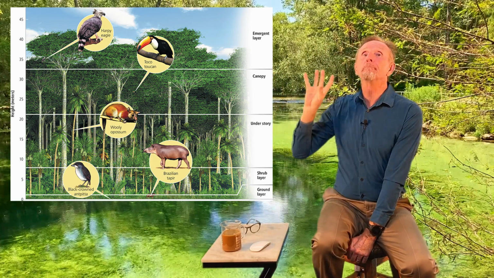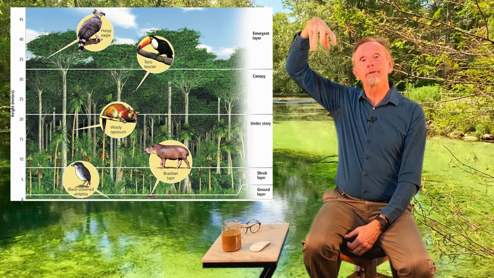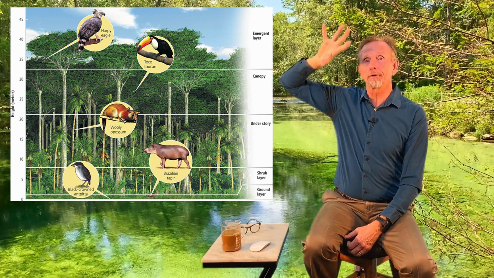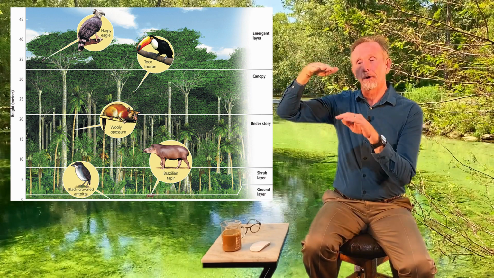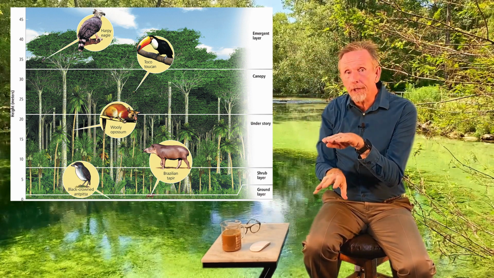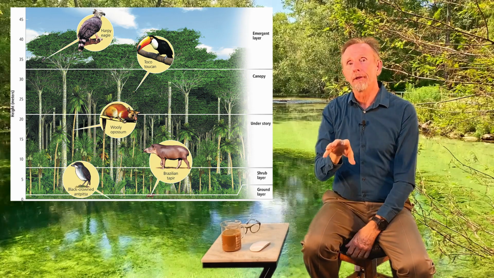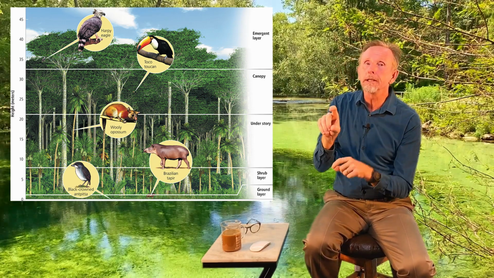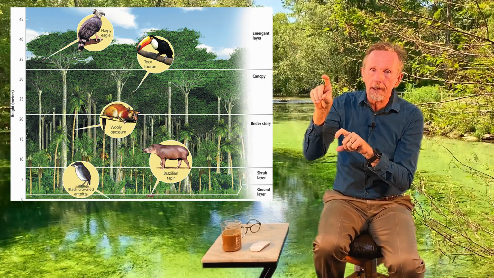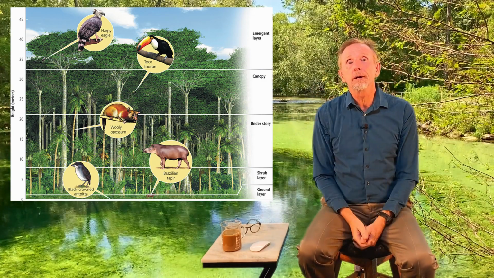And then there is an emergent layer, if you have trees that really pop up above the canopy. So you have this emergent layer, the canopy layer, a layer right below the canopy, and then you have the ground, which we call the understory. And different things kind of live in these different strata so that they don't have to compete with each other as much.